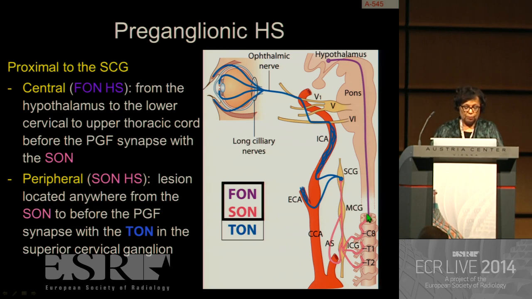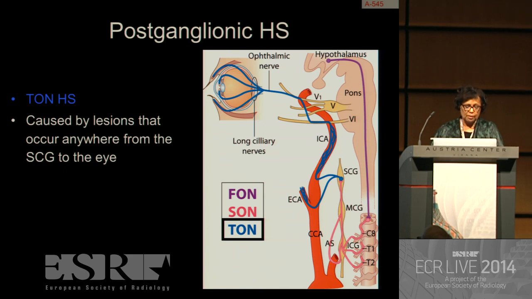And then the peripheral or second-order neuron Horner syndrome, those are caused by lesions that occur in the second-order neuron or in its postganglionic fibers before they synapse with the third-order neuron in the superior cervical ganglion. Postganglionic Horner syndrome, also referred to as a third-order neuron Horner syndrome, is caused by lesions that occur anywhere from the superior cervical ganglion to the eye.